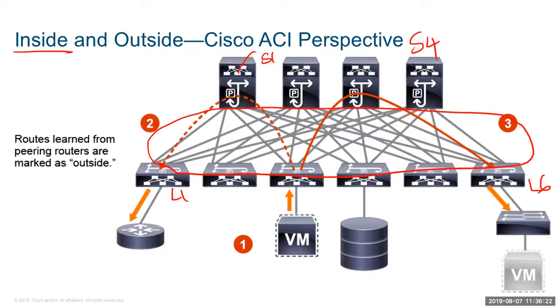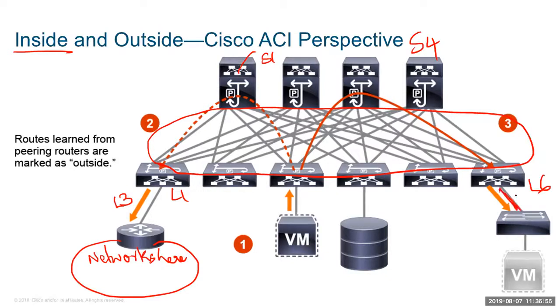So what's outside? From the ACI's perspective, a connection that is okay. So example would be any network here. That's a layer 3. Okay.